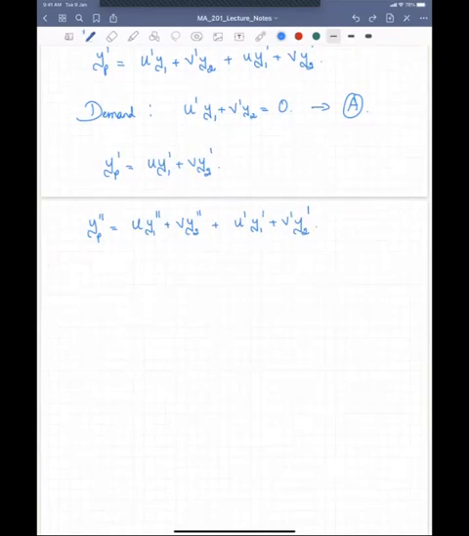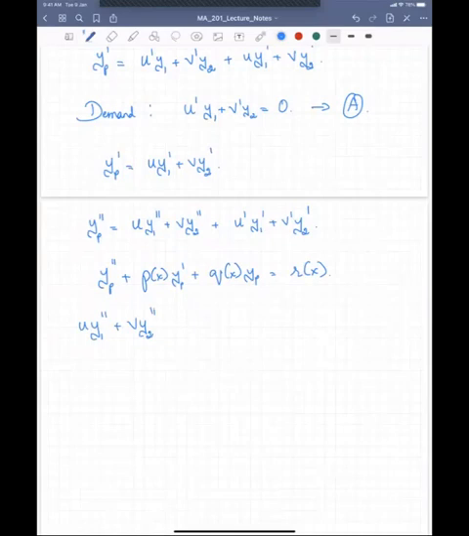Okay, so let's plug everything back into the original differential equation. So my second condition is that yp double prime plus p of x yp prime plus q of x yp solves the inhomogeneous differential equation. So plug everything back. Yp double prime would be u y1 double prime plus v y2 double prime plus this plus this.